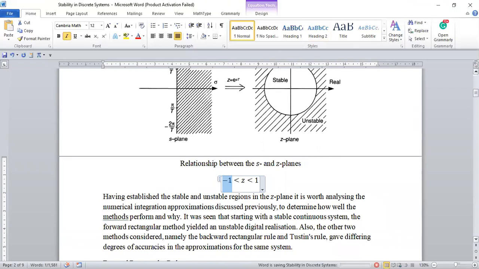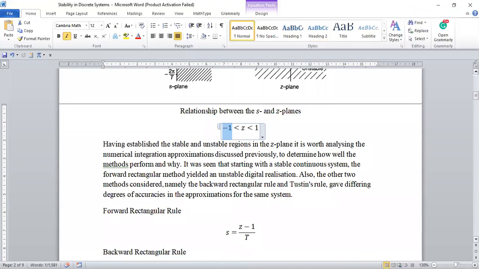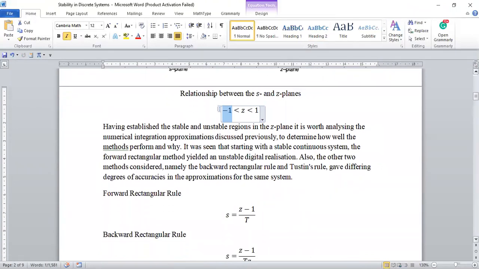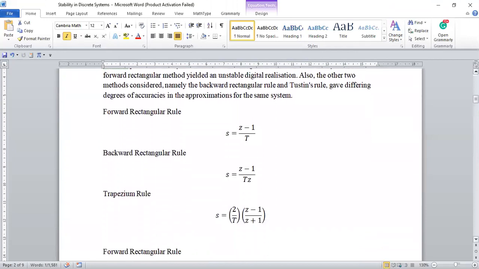So we've established the relationship between the stable and unstable region in the Z-plane. So I'm going back to the lectures we did previously.